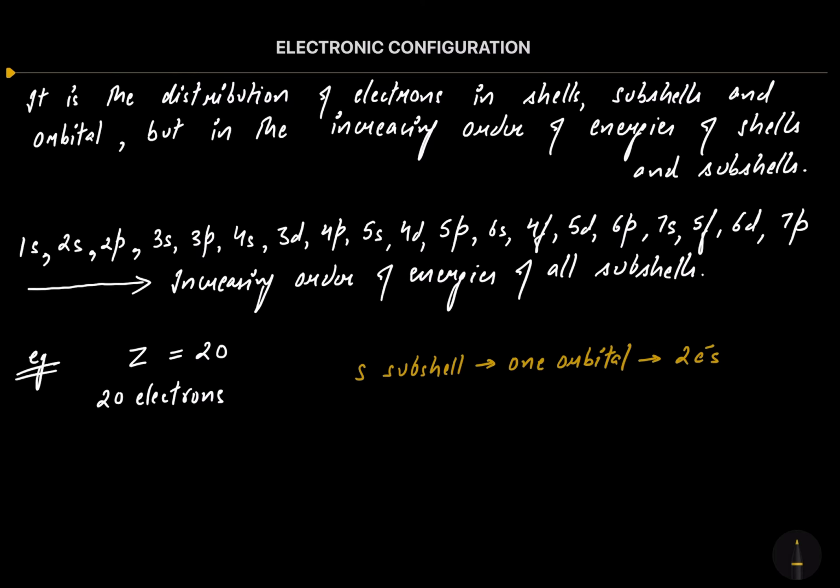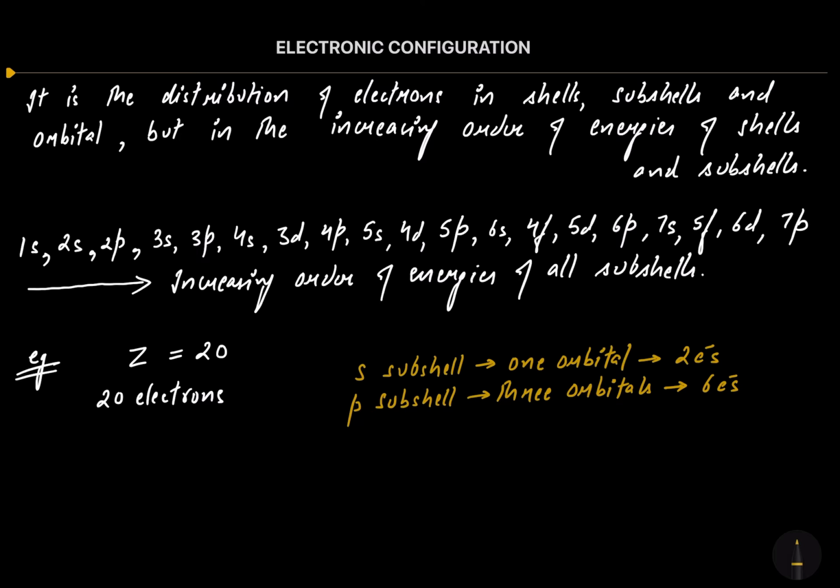Now let's talk about the p subshell. In p subshell, how many orbitals are we having? It's 3 orbitals. Now one orbital accommodates 2 electrons, then 3 orbitals will accommodate 6 electrons.